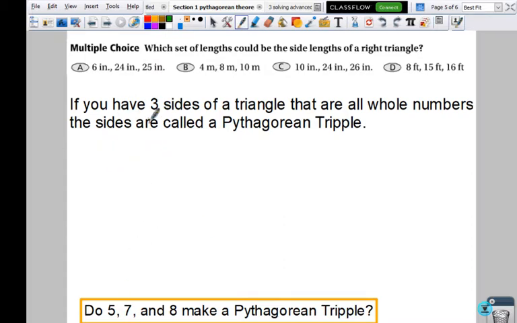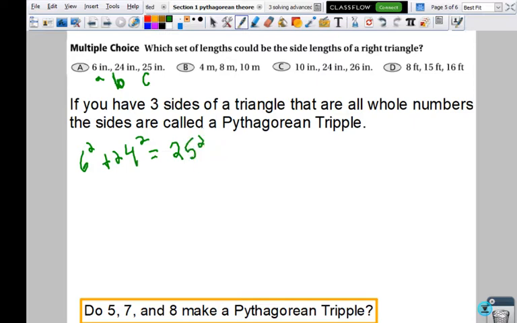25. 25 has to be C, right? A and B don't really matter as long as C is the longest. So I'm going to fill in my Pythagorean theorem with these numbers, and see if it works. So I'm going to go 6 squared plus 24 squared equals 25 squared.